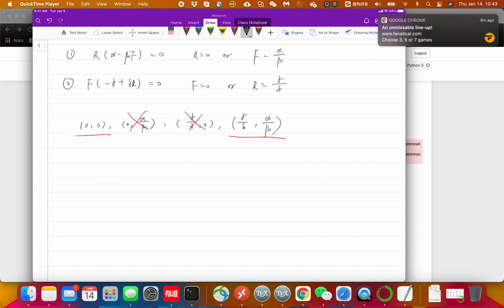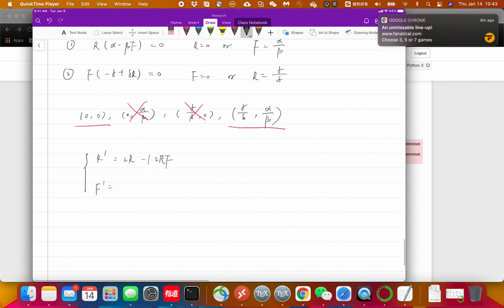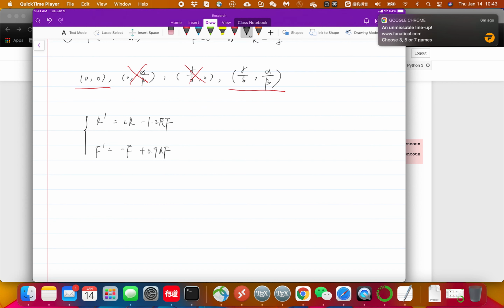Okay, so particularly for the example we had, r plus minus 1.2 and negative f plus 0.9, we can easily see the equilibriums are going to be 0, 0 and gamma over delta.